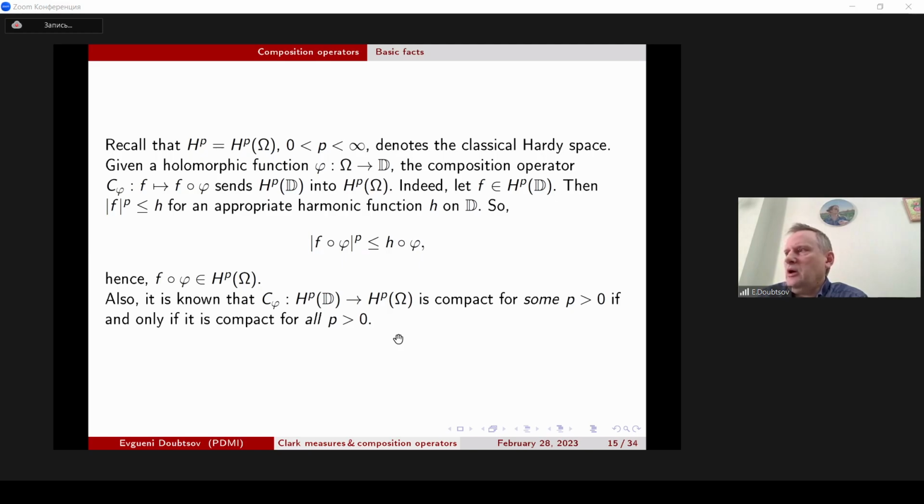Probably I should mention that the shortest proof probably comes from interpolation theory, I mean interpolation of bounded and compact operators. So once the operator is bounded on all HPs, from HP on the disk to HP on the omega, then it's possible to interpolate compact operators and bounded ones, and to extend compactness to all parameters p. Probably this is the shortest way to show this.